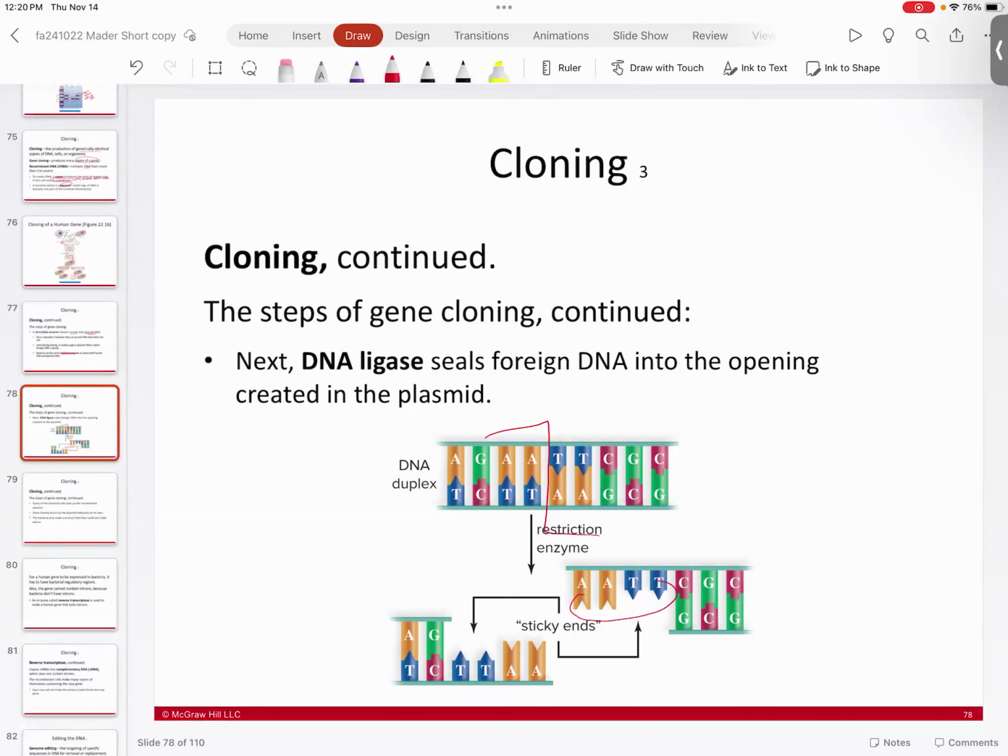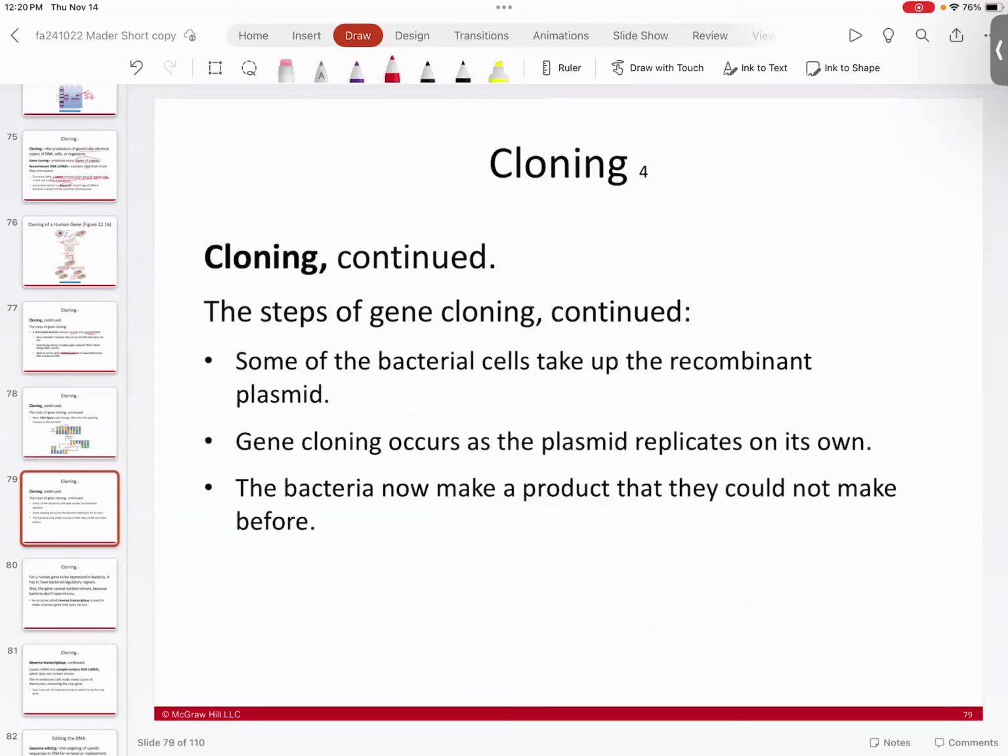Now, DNA ligase is going to be used to basically seal your insert into the plasmid. Once your insert, which should have matching sticky ends to your plasmid, locks into place, your ligase will seal them up. And then ultimately, you can introduce that to bacteria.